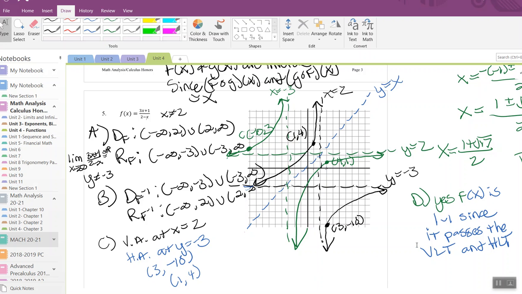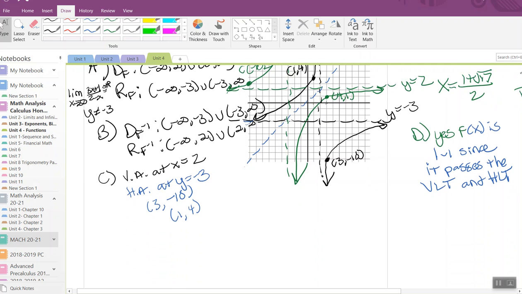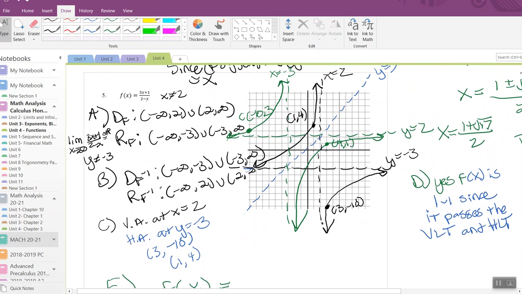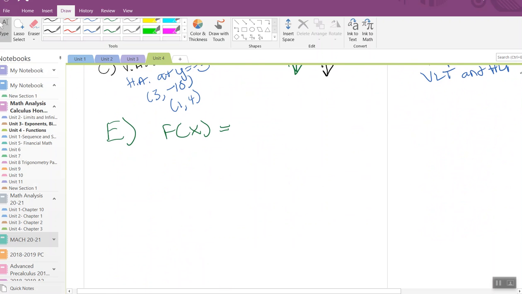All right, so now for part E, it says find the inverse. So the function is 3x plus 1 over 2 minus x. To find the inverse, first I'll make f of x y.